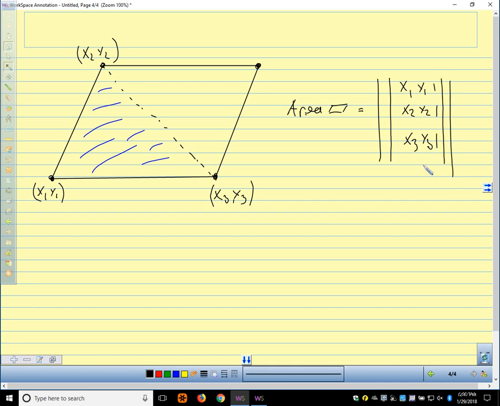Absolute value to make sure our area is positive. So that's just 2 times the area of the triangle, and we get the area of a parallelogram. So when you see a parallelogram in your homework, don't freak out because you didn't have a formula for the area of a parallelogram. A parallelogram is 2 times a triangle.